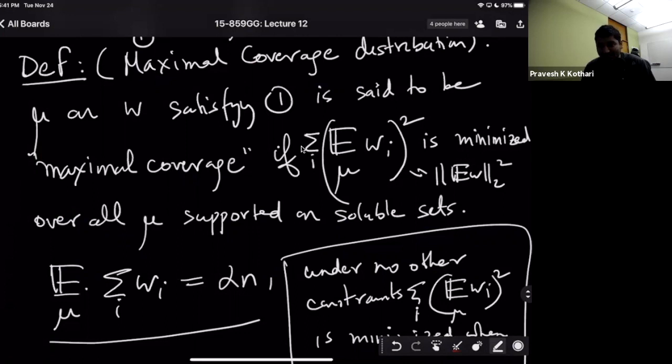Well, I can simply choose mu to be the single point distribution that outputs the good set G. That's clearly one soluble set. So there is at least one soluble set of size alpha n, so I'm not optimizing over an empty set of distributions. Because this minimization of the L2 squared norm of the expectation of W is happening over a non-empty set, its output is well defined.